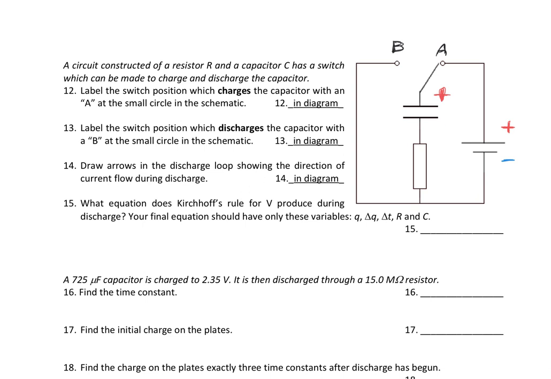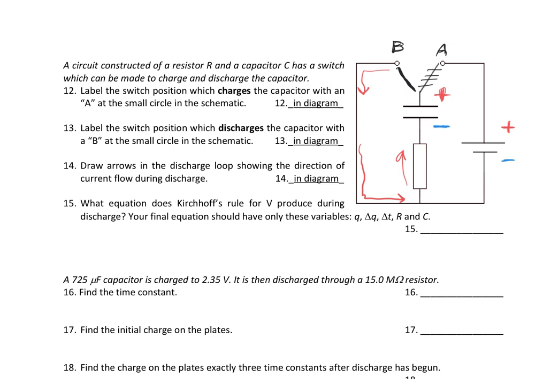And then down on the bottom, we have the negative terminal. And then if I move that switch to the discharge position, I can see that the top plate is positive and the bottom plate is negative. So in the discharge condition, we're going to have the current flowing this way through the loop, coming back this way.